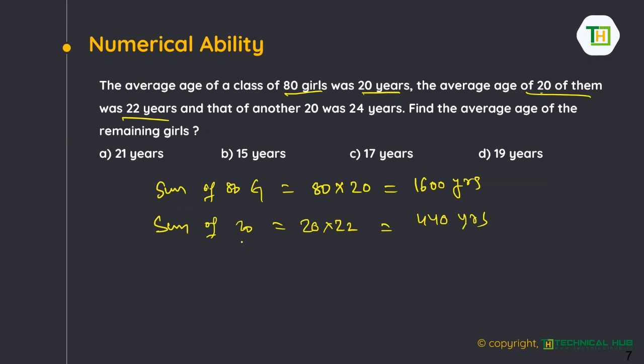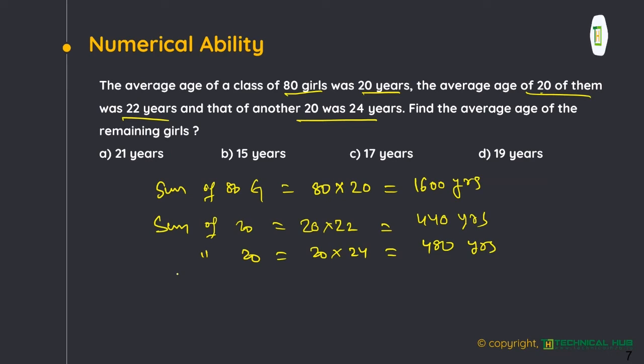This is the first 20 members. And for another 20 members, the average is 24. Therefore, the sum of the next 20 is equal to 20 into 24, which is equal to 480 years.